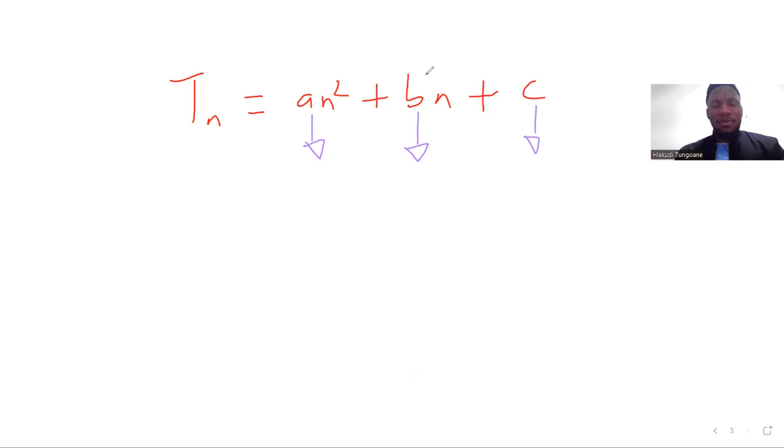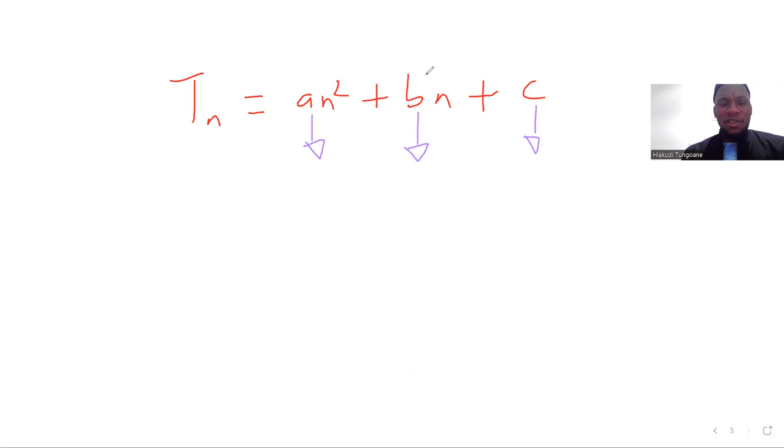I just have to say something important here. Please don't make the mistake of assuming that A in a quadratic sequence is the first term in your sequence. No, that's not true. It's only the first term for geometric and arithmetic sequences.